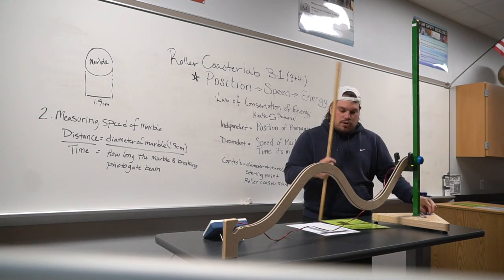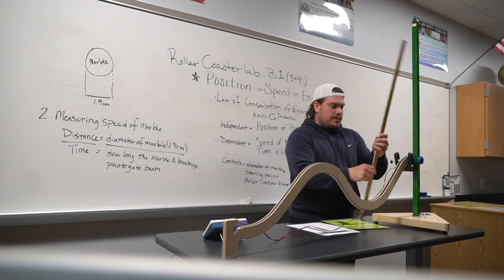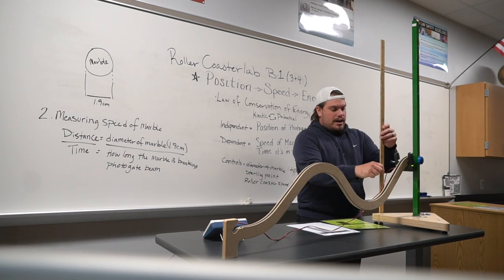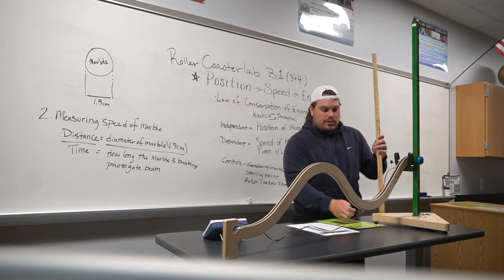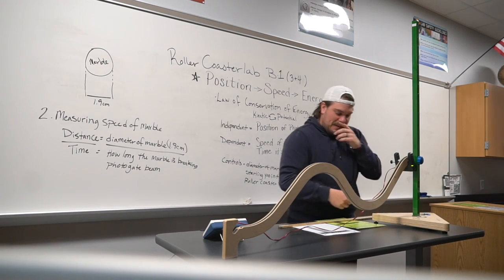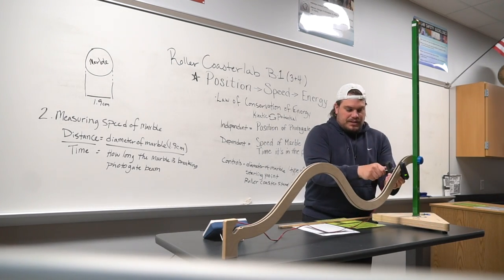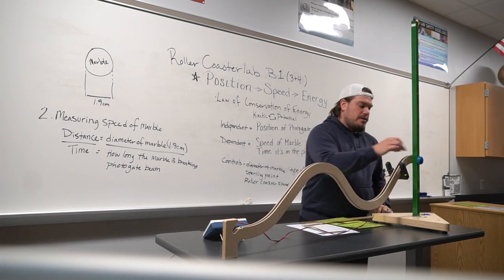So for the first trial, position 1 is going to be at 5 centimeters down the track, and at 5 centimeters down the track, the height of the photo beam is 36 centimeters. Trial number 2 is going to be at 15 centimeters, and at 15 centimeters, the photo gate is 30.5 centimeters.